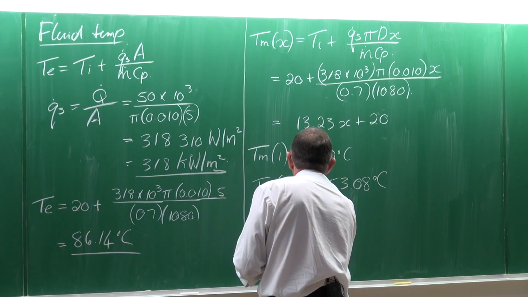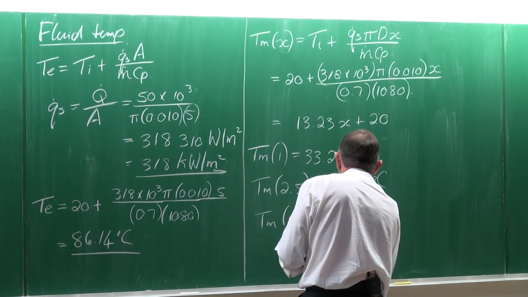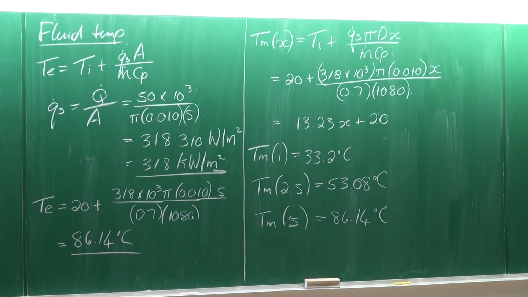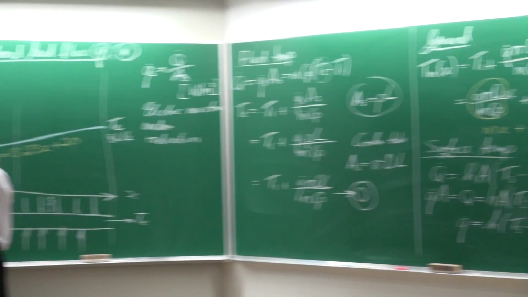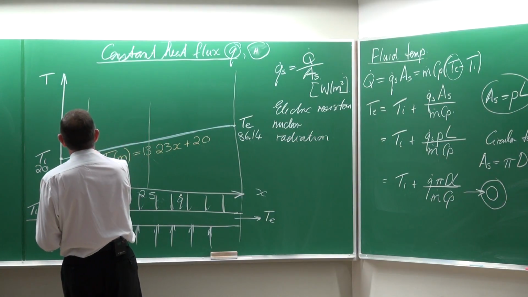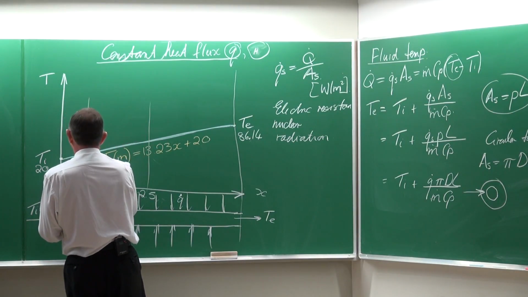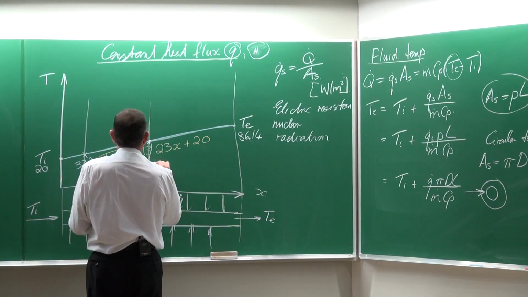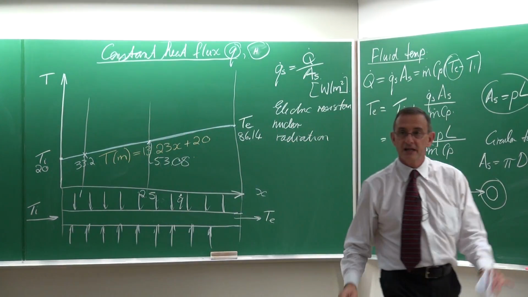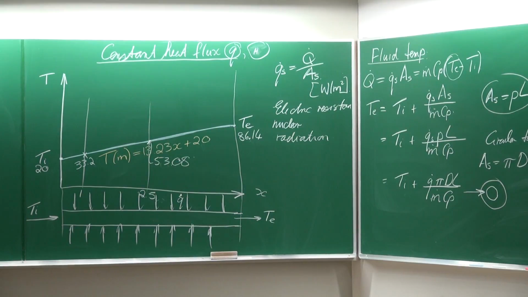And at 5, it is equal to 86.14 degrees Celsius. Going to our graph, if that is approximately 1 meter and that is 2.5, it means that this temperature there is equal to 33.2, and that temperature there is equal to 53.08 degrees Celsius. Very simple. Any questions? Comfortable with it?